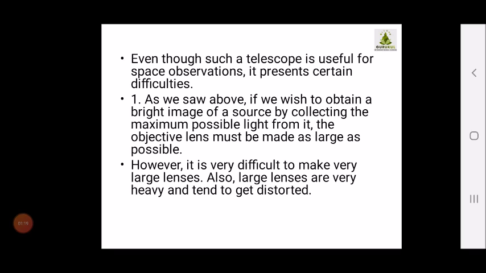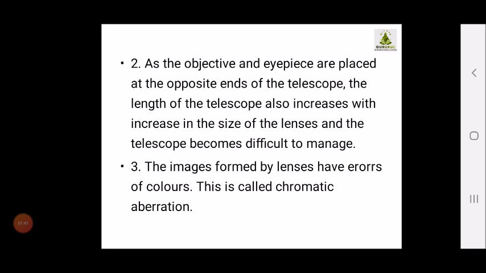As we saw above, if we wish to obtain a bright image of a source by collecting the maximum possible light from it, the objective lens must be as large as possible. However, it is very difficult to make a very large lens. Also, large lenses are very heavy and they tend to get distorted. As the objective and eyepiece are placed at opposite ends of the telescope, the length of the telescope also increases with the size of the lens, and the telescope becomes difficult to manage.